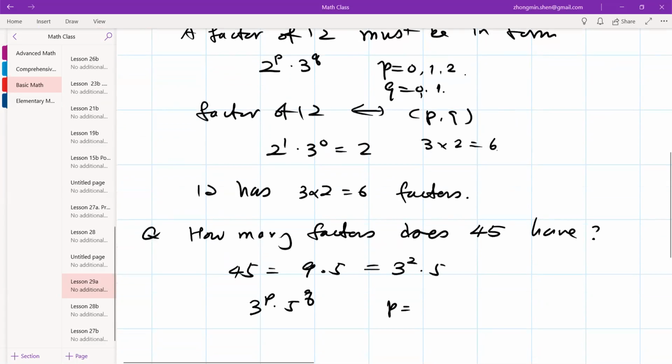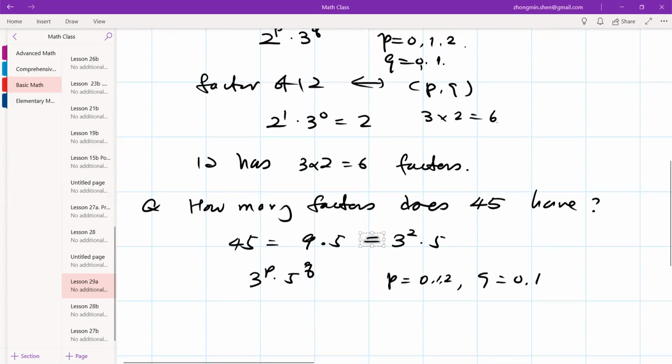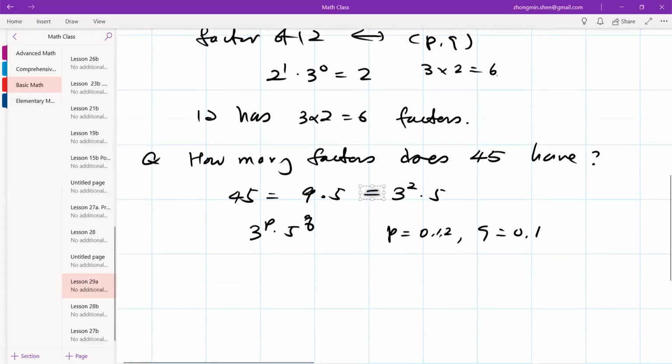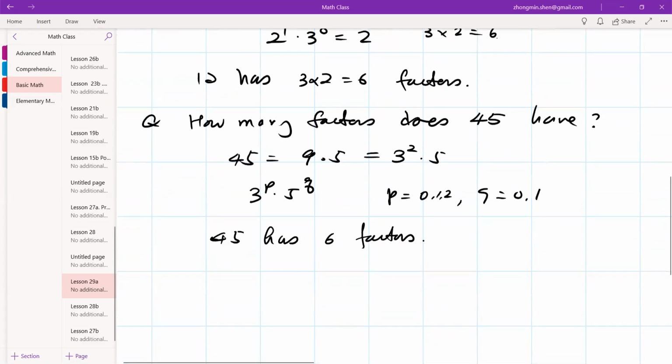But p has only three choices, and q can only be 0 and 1. So that's why it has 6 factors. 3 times 2 is good. You don't need to list them, you can just figure it out.